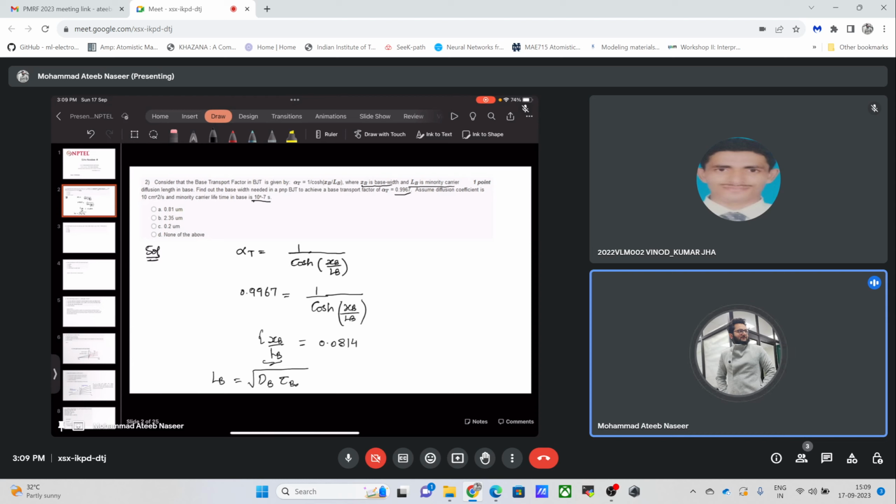It satisfies the units of length: DB is in centimeter square per second, and the lifetime is in seconds, so the seconds cancel, and under the square root it gives the units of centimeter.